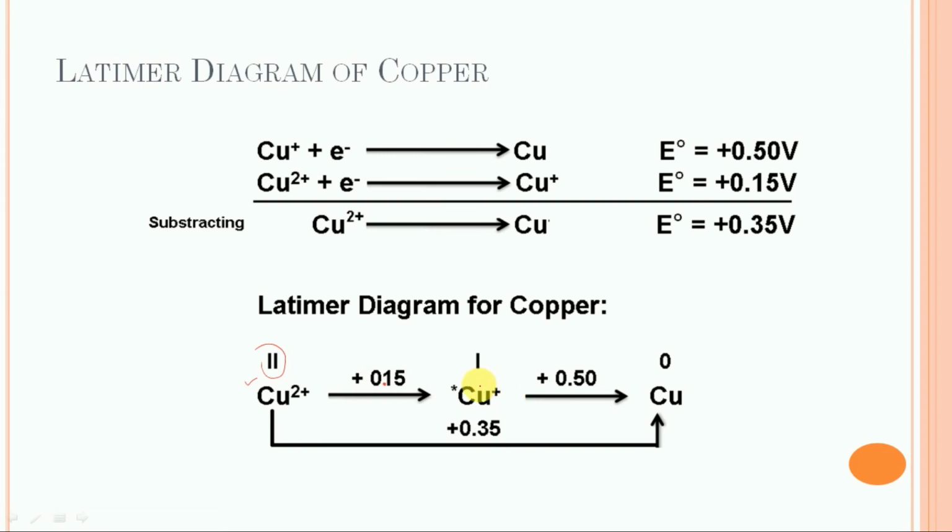This one is copper positive with plus 1 oxidation state, and it is unstable and will change into copper with the electrode potential of 0.50. And this one shows the change of copper 2 positive to copper with the electrode potential equal to 0.35. So this one is the Latimer diagram for copper.